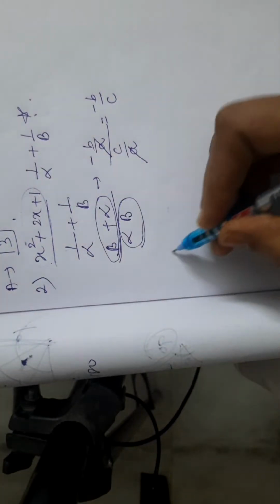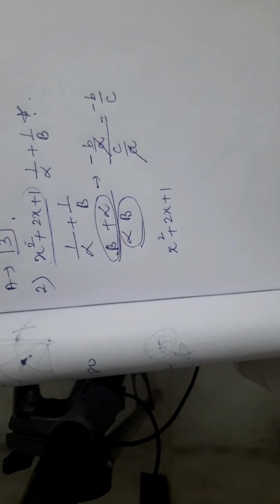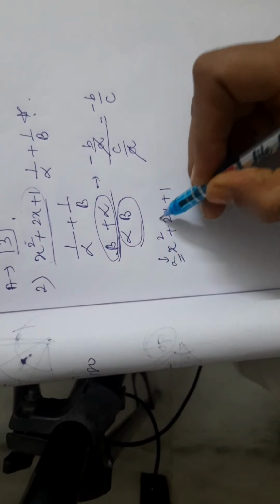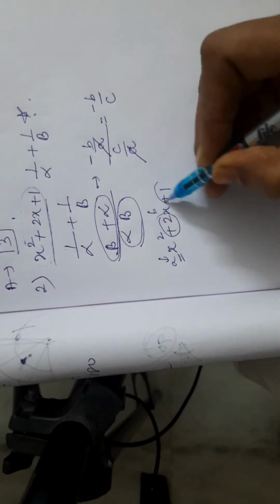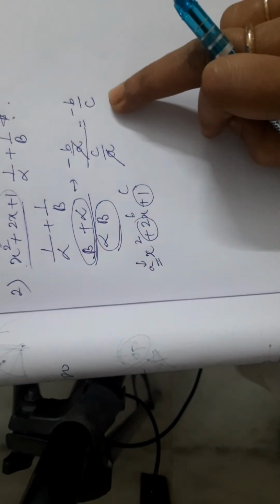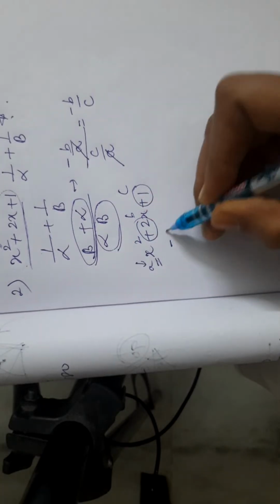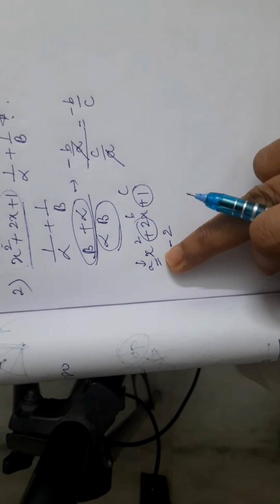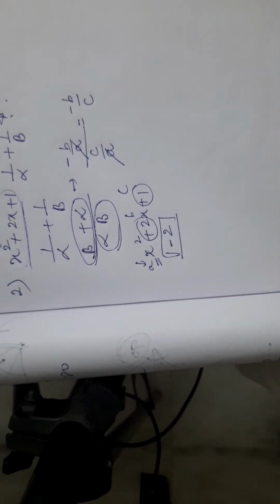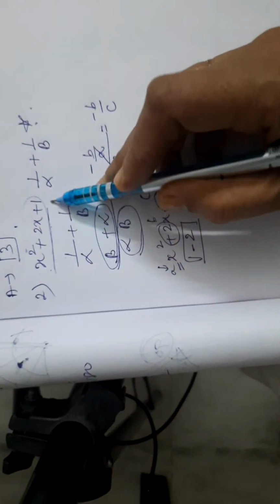From the equation x square plus 2x plus 1, the coefficient of x square is a, the coefficient of x is b, and the last one is c. We need to find the value of minus b by c. Here b is 2, so it will be minus 2, a is 1, so the final answer is minus 2.